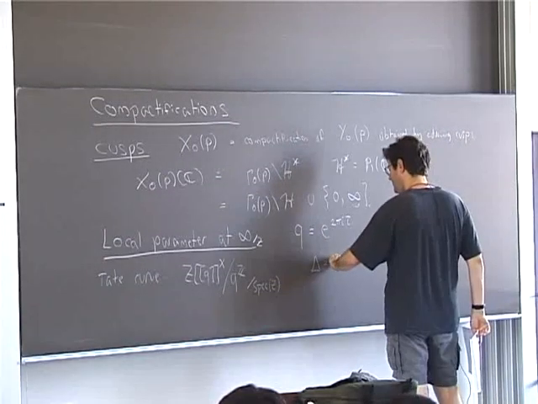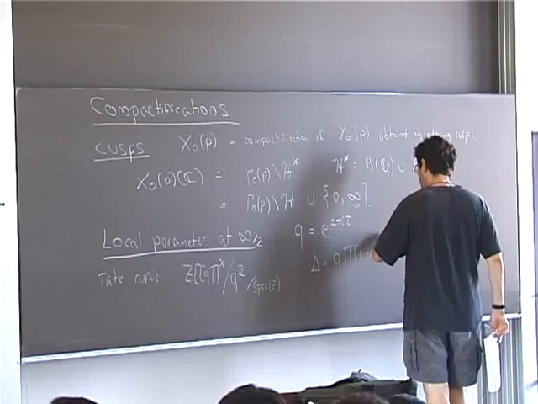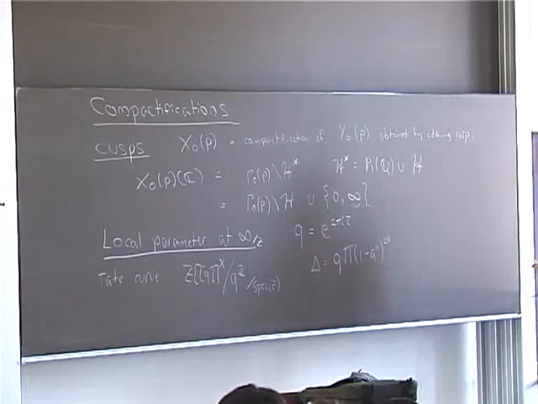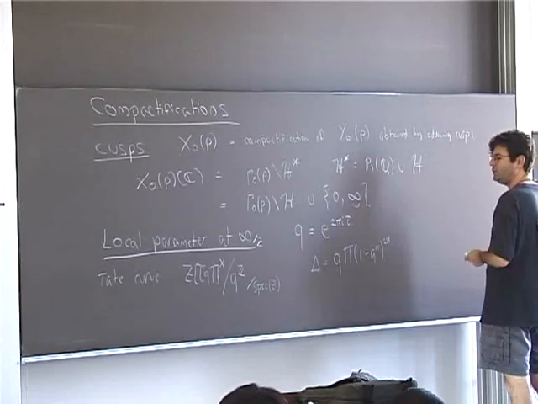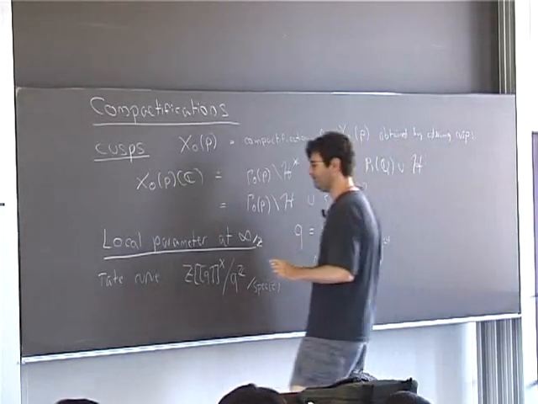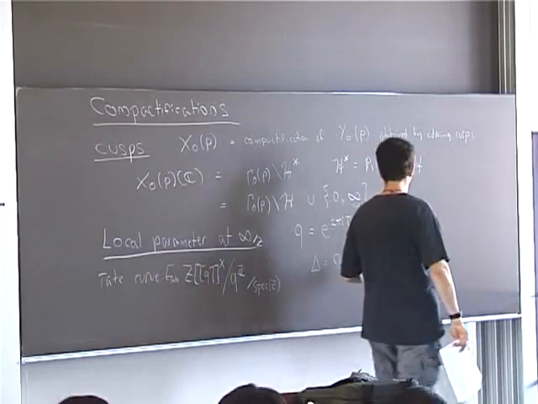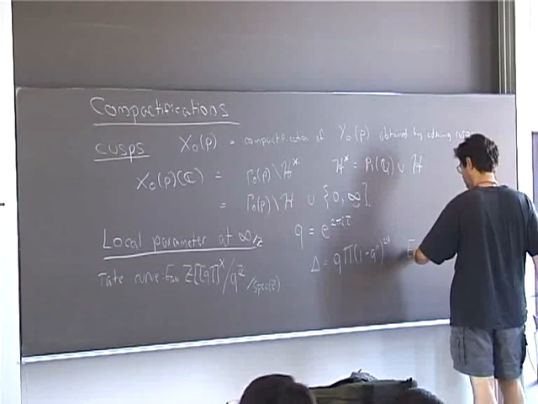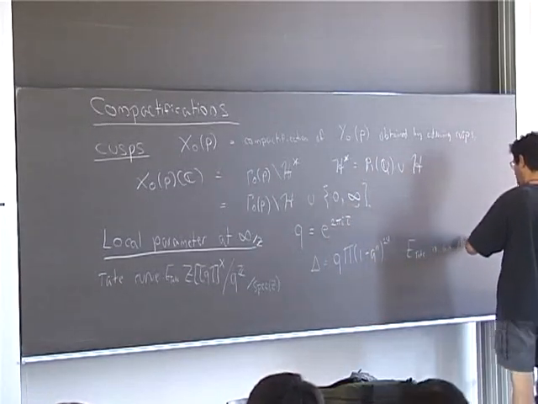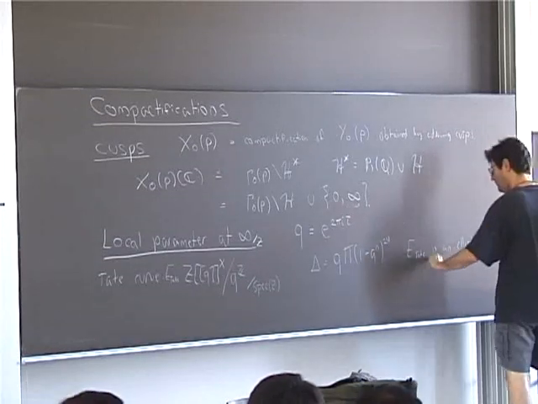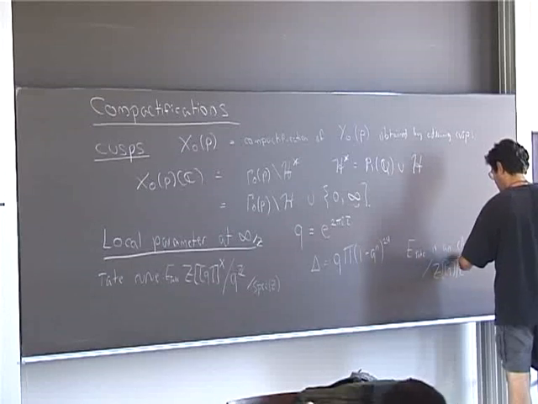Its discriminant is q times the product of (1 minus q^n) to the power 24. So it's an elliptic curve over Z double bracket q where I've inverted q. So this E_Tate is an elliptic curve over Z double bracket q adjoined 1 over q.